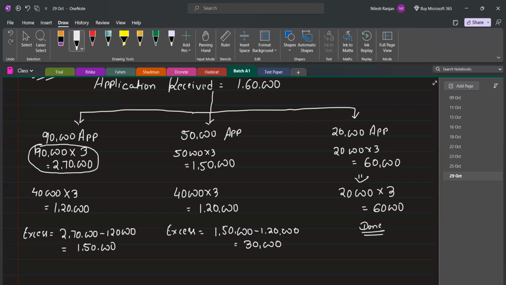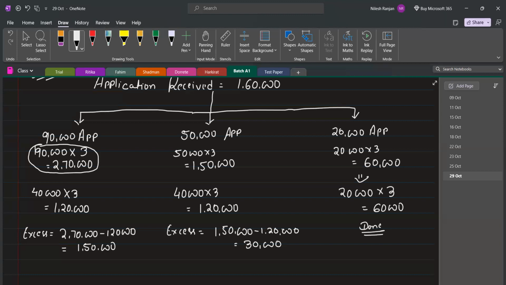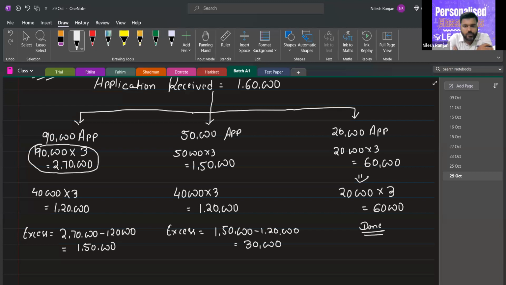Now, how will we use this excess application money in the next call: allotment, first call or final? Sir, we need to adjust it, right? Yes. So how much money will be adjusted in allotment?